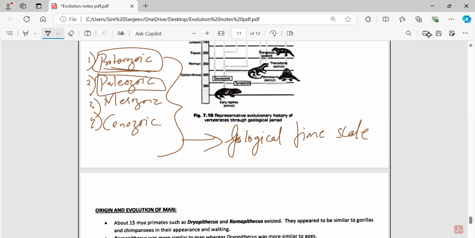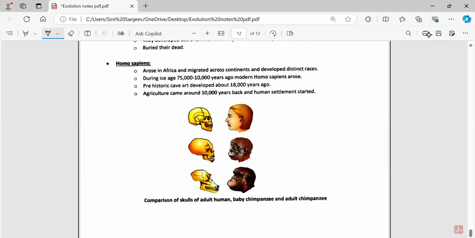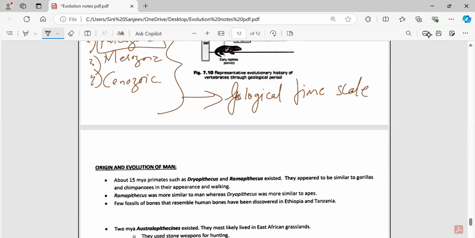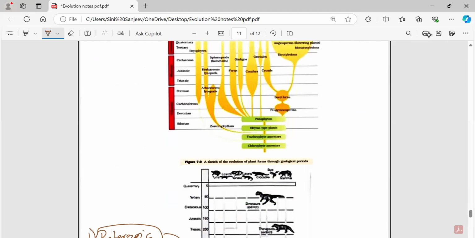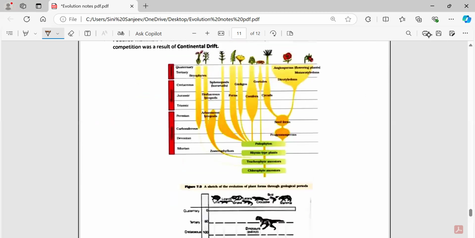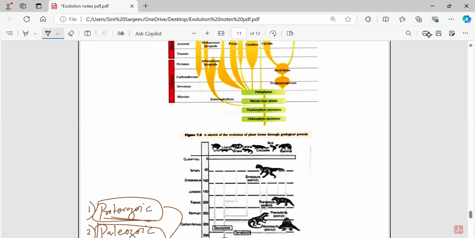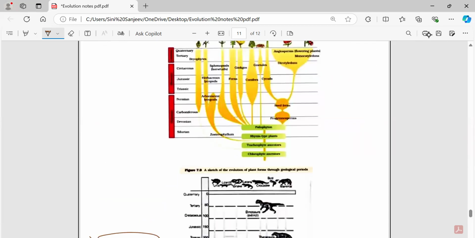Then came the second one, which is the Paleozoic era. In this there are six different periods, and it all depends upon the number of years. I'll just write it over here.